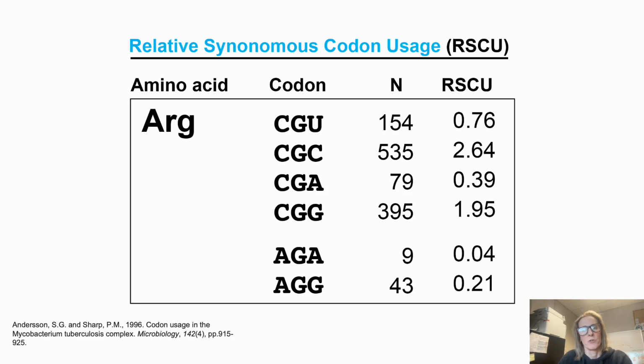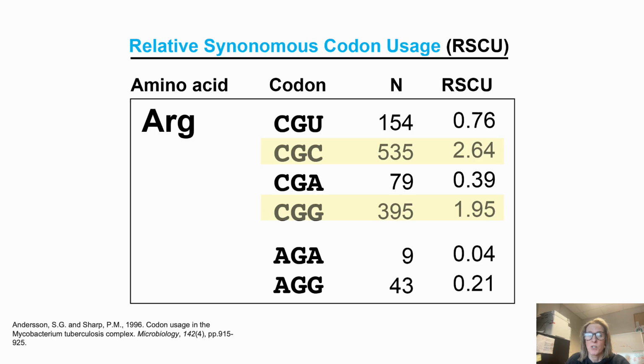Let's zoom into the arginine codons. The arginine codons that consist of C's and G's only have the highest codon usage at 2.64 and 1.95. In contrast, codons that are richer in A's and U's are rarely used, with frequencies of 0.21 and 0.04.